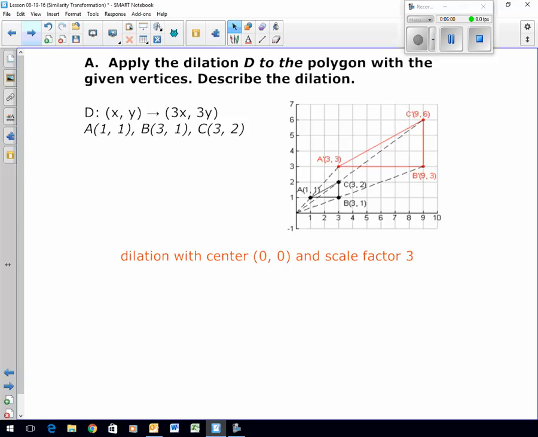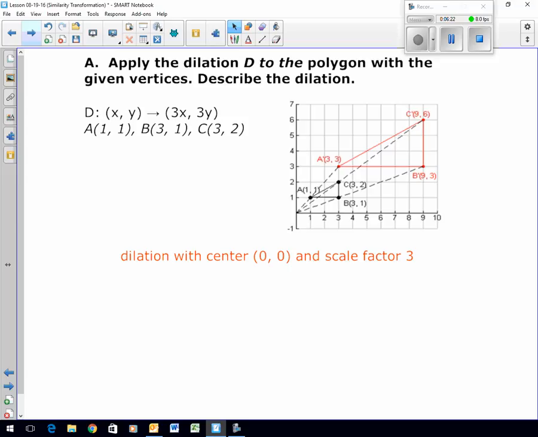It says it down here, I'm just seeing who can read. But I also want to see if y'all know what happens here. 3 times 1 is what? 3. So that becomes A prime.